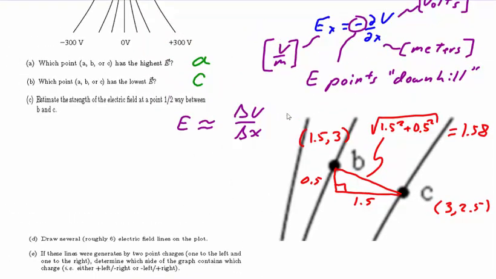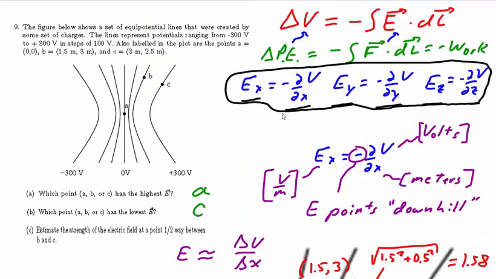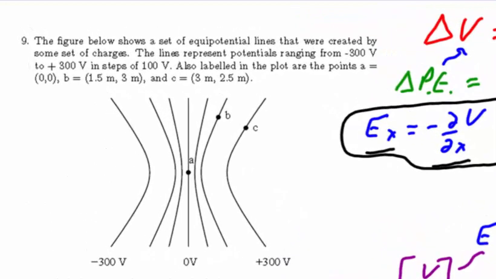Looking back to the original figure, we see that point C lies along a line whose potential is 300 volts. Since we were originally told that each of these equipotential lines is 100 volts different than the previous, point B clearly lies along a line whose potential is 200 volts.